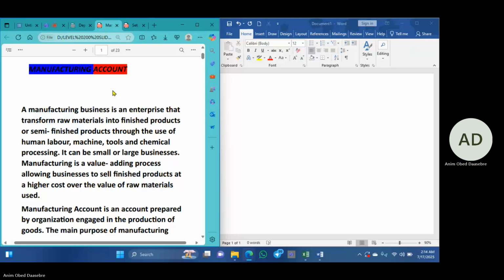The main reason why we prepare the manufacturing account is to find the gross total cost of producing the goods. After you have prepared the manufacturing account, you transfer the goods to the sales department, because now the product is ready to be sold to make a profit or a loss. Do you get it?